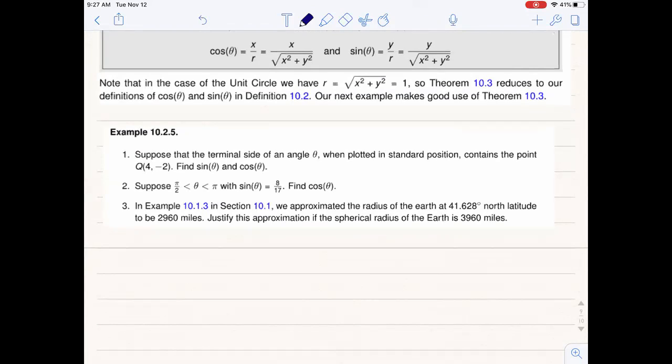Suppose that the terminal side of an angle theta, when plotted in standard position, contains the point Q, which is at 4, -2. Find sine theta and cos theta.